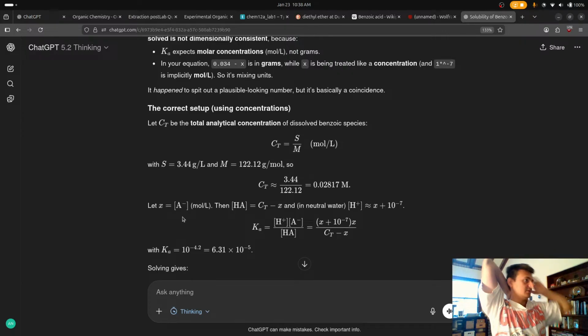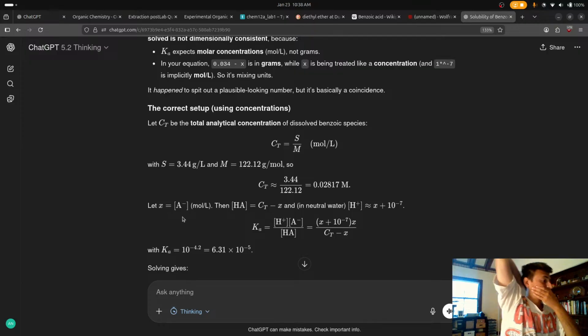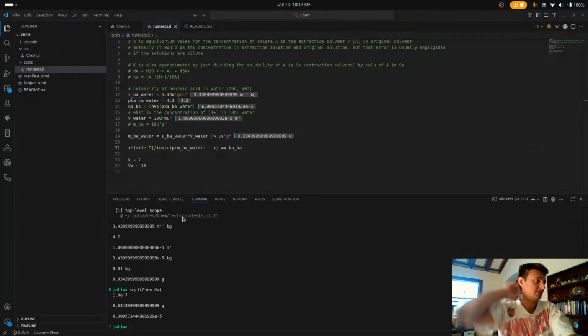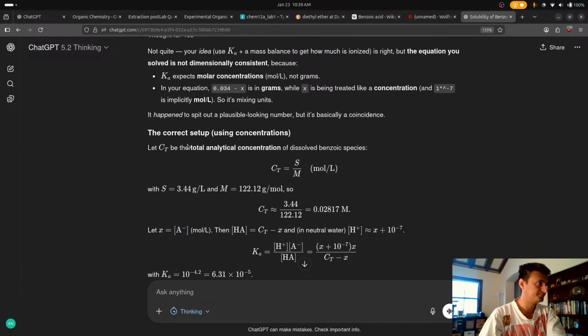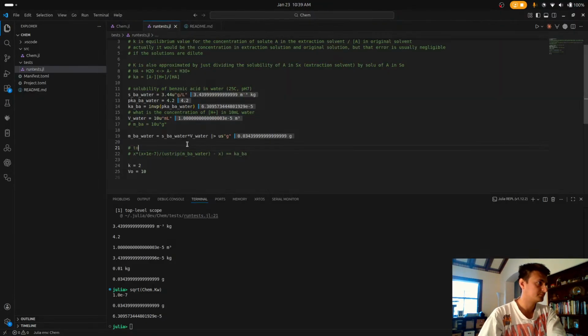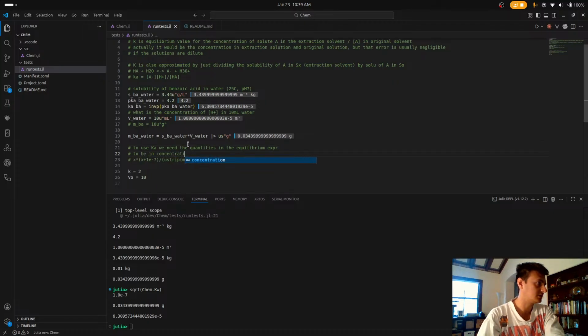Yeah, because, okay. So this is wrong because to use Ka we need the quantity in the expression to be concentration, not mass.